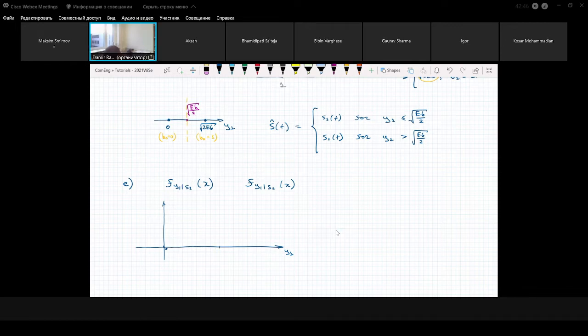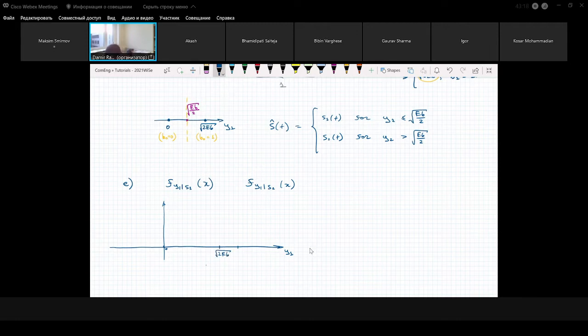Actually, maybe I should take a larger interval. This is fine. It was 2EB under square root.